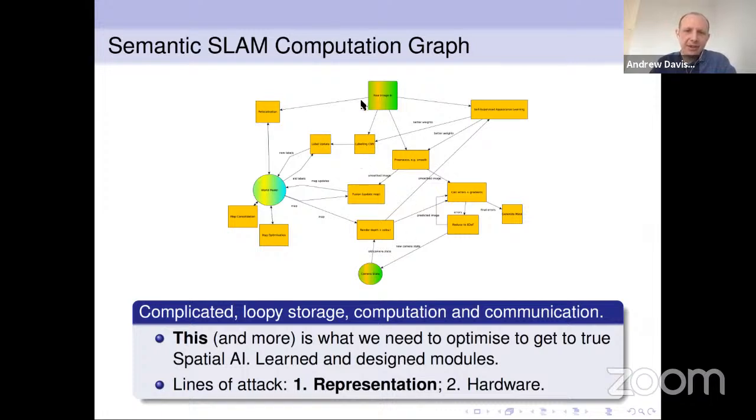We've got different sorts of data, images coming in, our world model, our estimate of where the camera is. We've got lots of blocks of computation, some of which are geometrical loops of optimization to estimate where the camera is, for instance. Others are the neural networks, which are supplying labels for images, which then get fused into the 3D model.